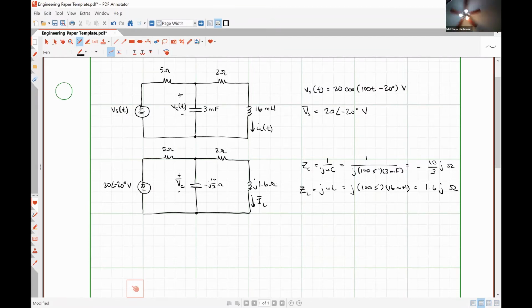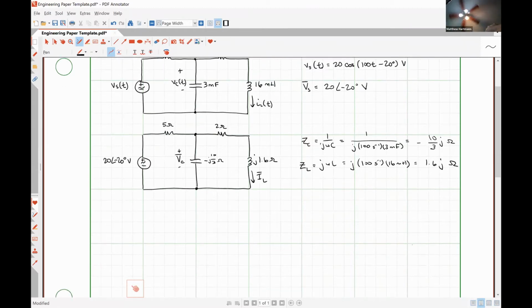Alrighty, so we have converted from the time domain to the frequency domain. So now we need to figure out how to best determine our phasor voltage VC and our phasor current IL.